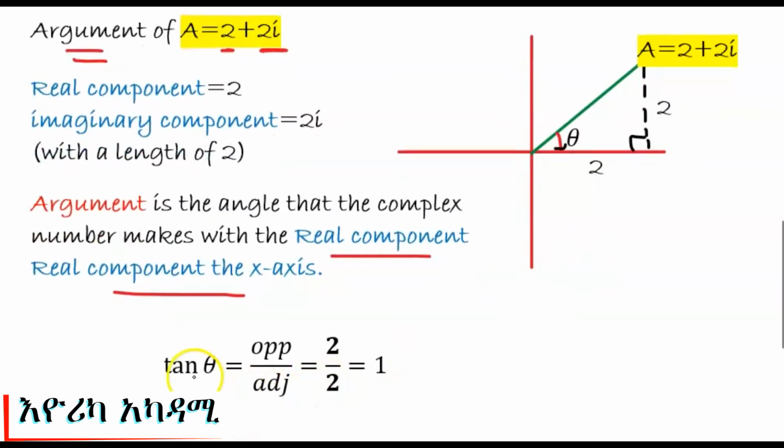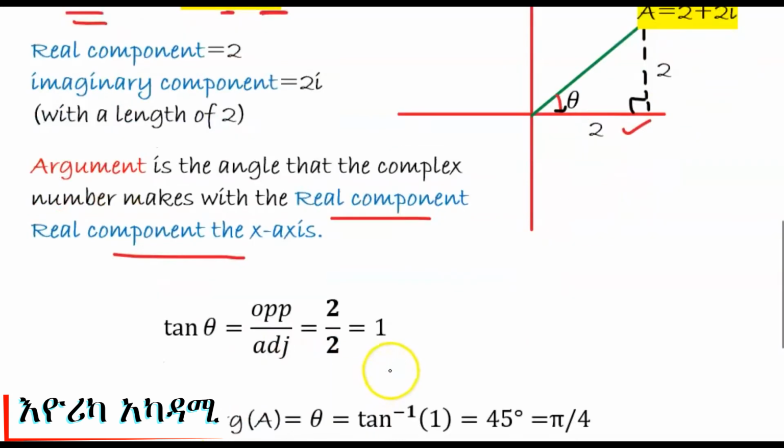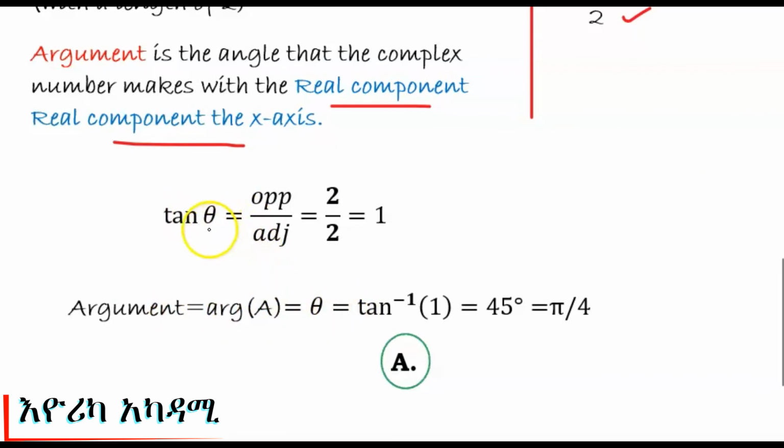Finding theta means finding the argument, because the argument is the angle formed between these two. Tan theta is opposite over adjacent. Our opposite is 2 and our adjacent is 2 again, so 2 over 2 is 1.